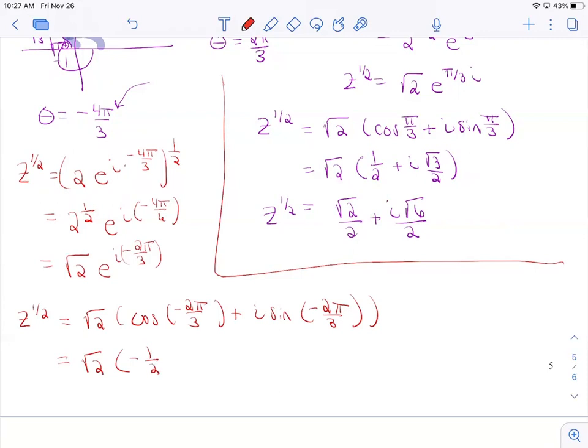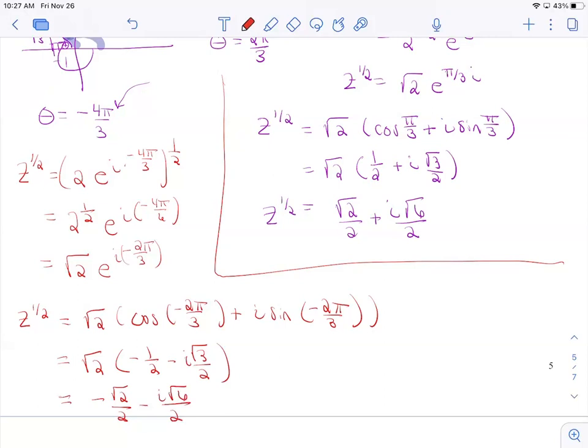And then we have sine of negative 2 pi over 3 is negative root 3 over 2. And again, you can write the i before or after. So I'm consistent. I usually write mine before. And then I distribute. So I get negative root 2 over 2 minus i root 6 over 2. So that will give me the other root, like that plus or minus business.